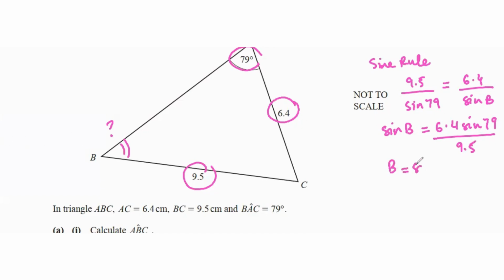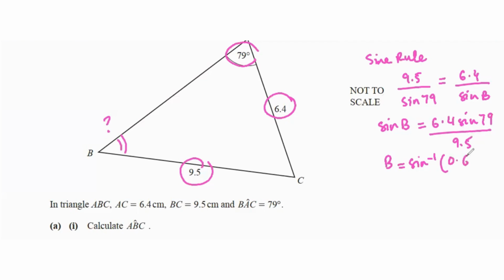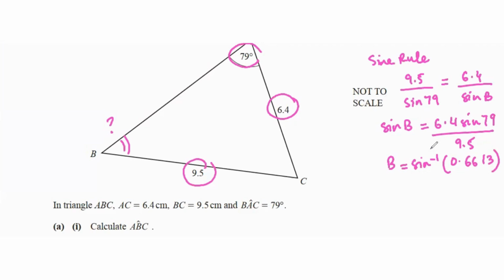Angle B is going to be sine inverse of this entire thing, which will basically equal 0.6613. Take sine inverse of this. That's going to be 41.4 degrees. That is your angle B.